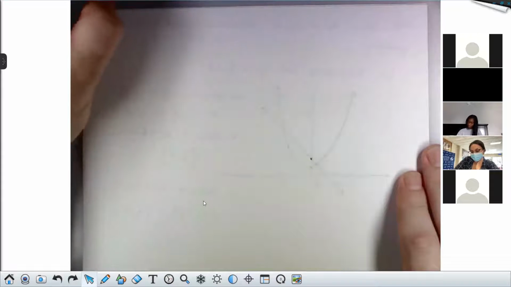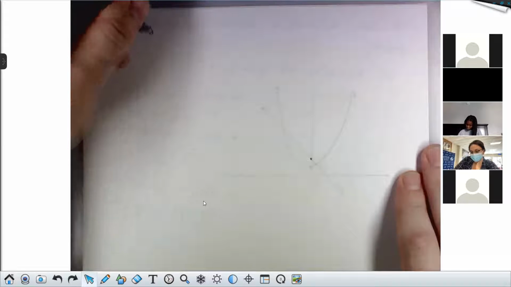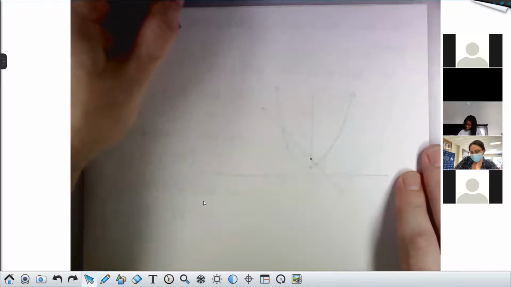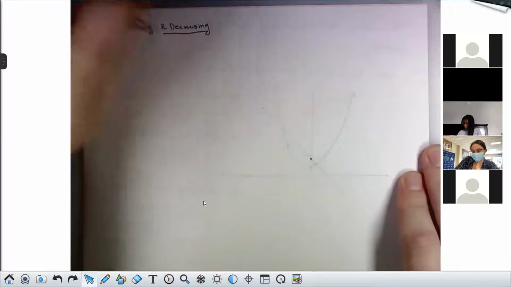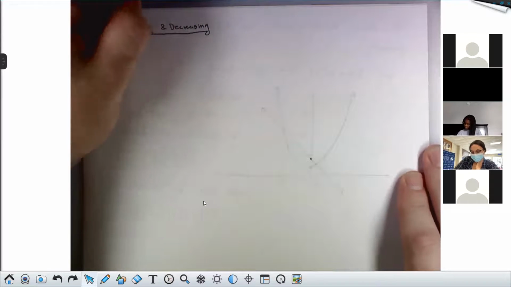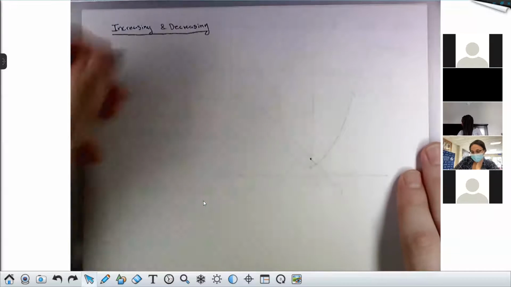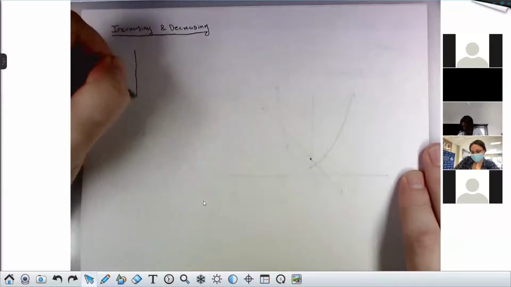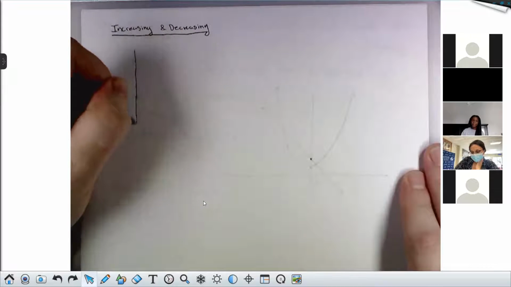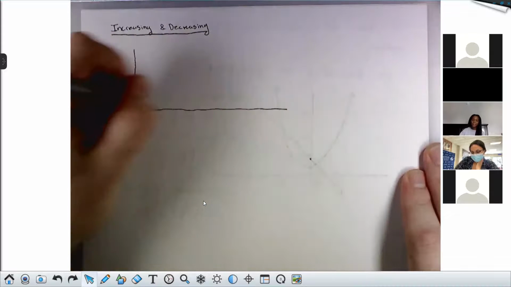The next thing we need to talk about is intervals of increase and decrease. We have an intuitive idea of what it means for a function to be increasing or decreasing. Again, here I'm just going to kind of draw a generic little picture.